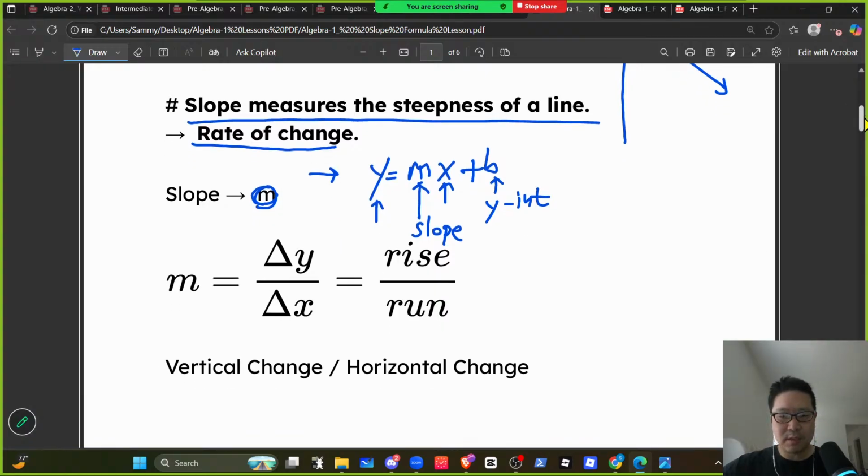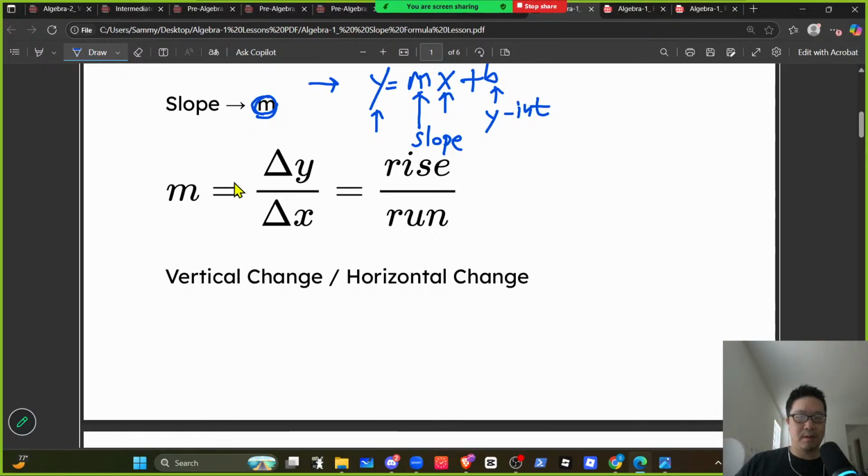So m is usually described as delta y over delta x. This triangle means delta. Delta is just another word for change. So change in y over change in x. And the popular way to describe it is rise over run, and that's how I think of it.